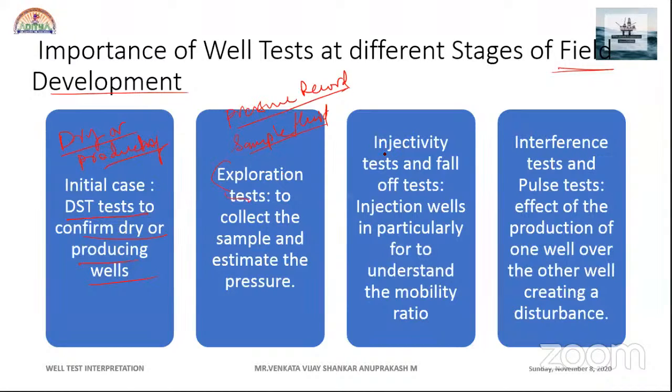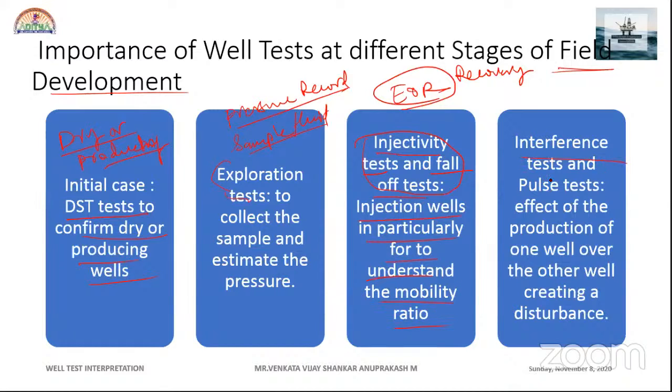Next one, the injectivity and falloff test. They are both the same. This is during your EOR or any recovery, whether secondary or tertiary, during which we have these types of tests done.